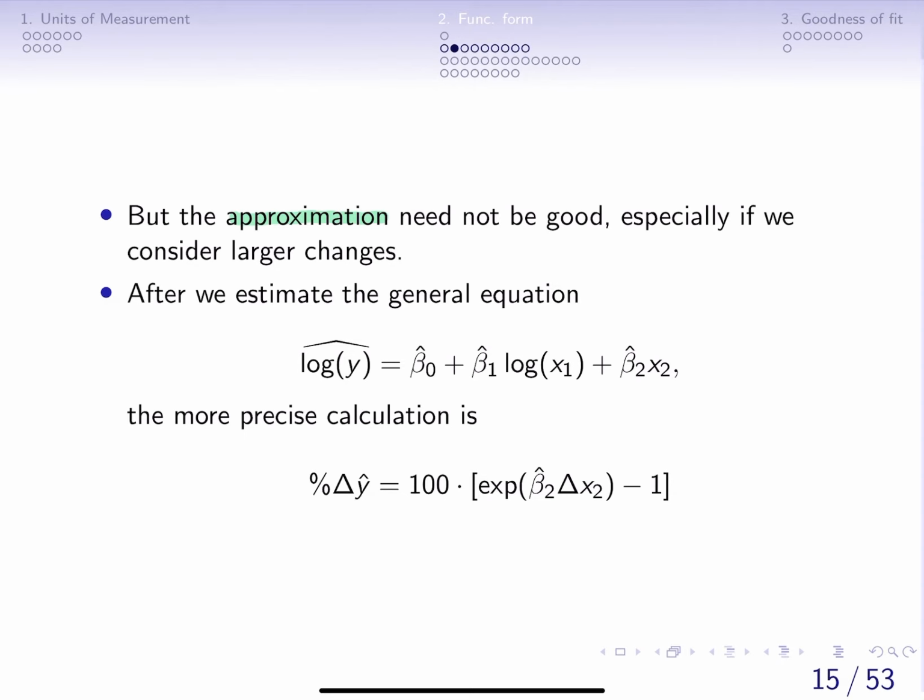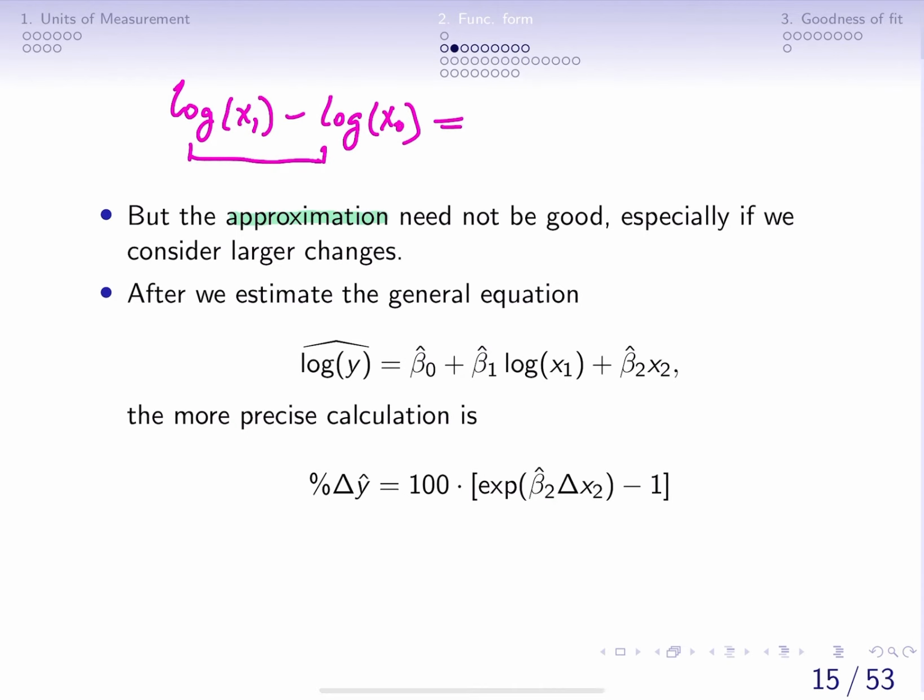When we're thinking about approximations, we really are saying that log of x1 minus log of x naught, I shouldn't put equal to, this approximates the proportionate increase in x.